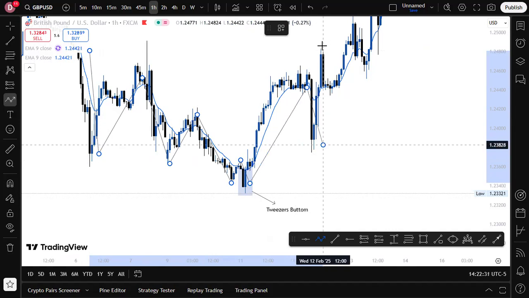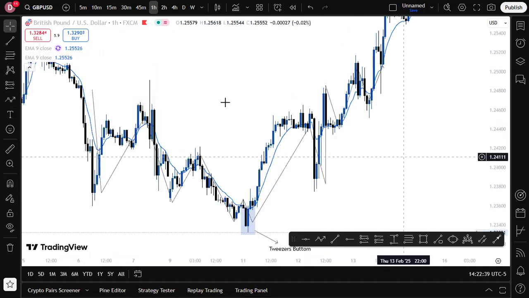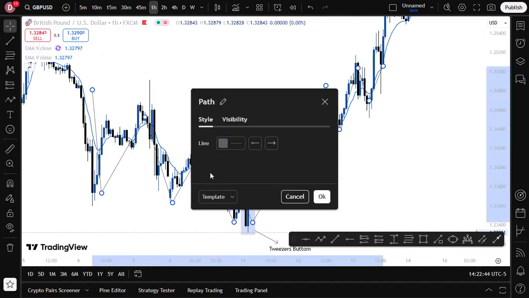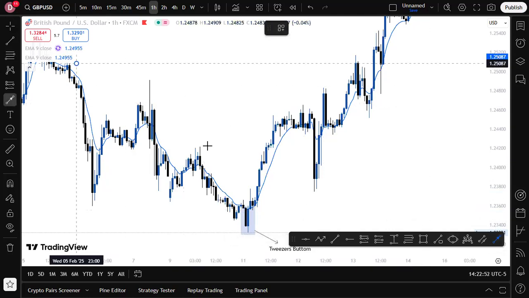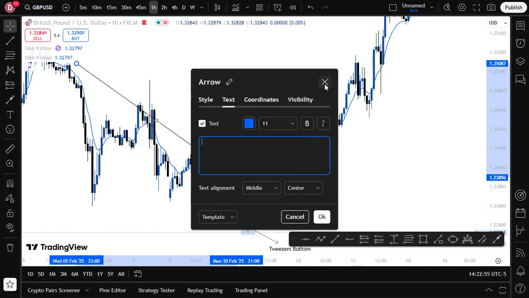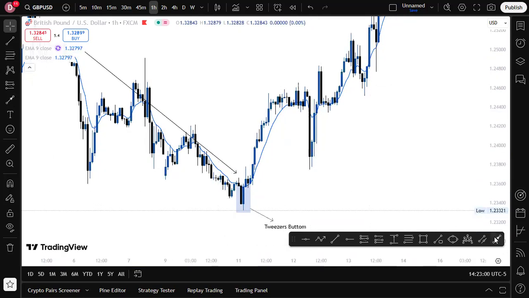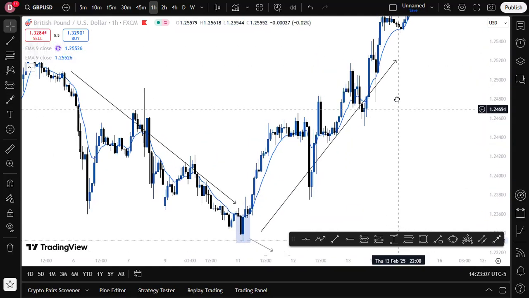So this is also an example of a tweezer bottom, because we were coming down in price and it occurs at the bottom of a downtrend, which when it occurred, signified that a bullish reversal is about to happen. We were coming down in price like this, and then the tweezer bottom occurred, and you can see we started pulling up the moment it happened.